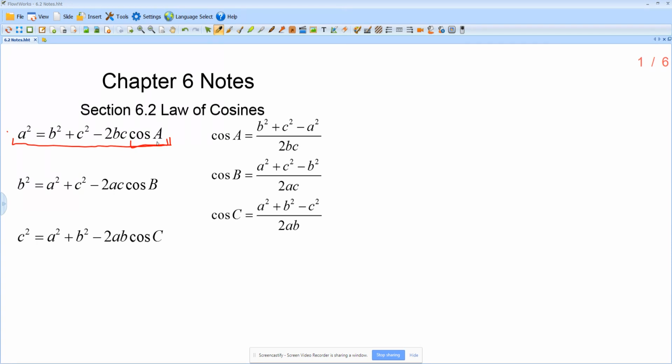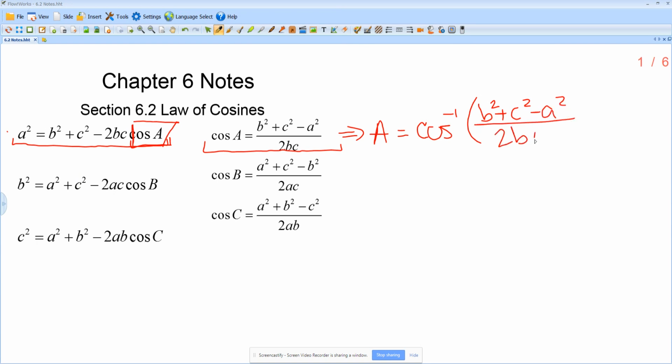If I were to solve this equation to isolate cosine A, I would get this equation. And what does this help me with? Well, if I wanted to know what angle A is equal to, it would be inverse cosine of B squared plus C squared minus A squared over 2BC. And again, that's just solving this equation.